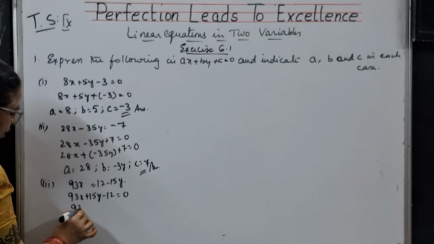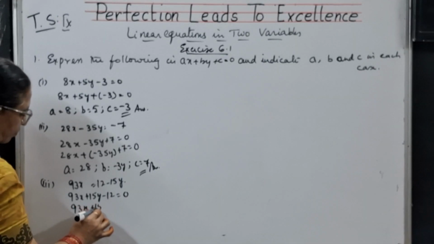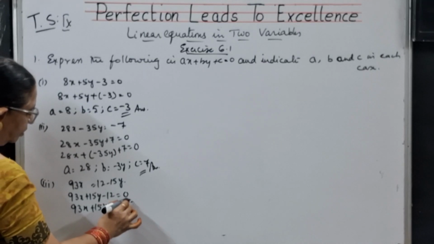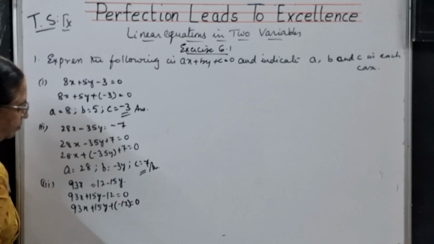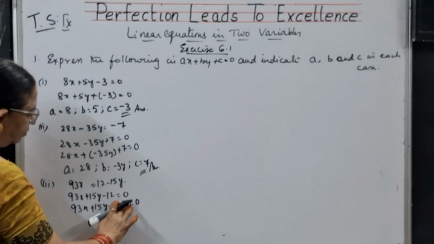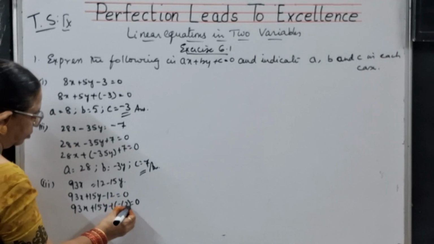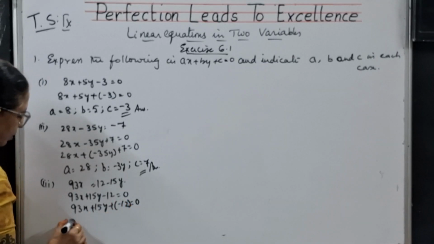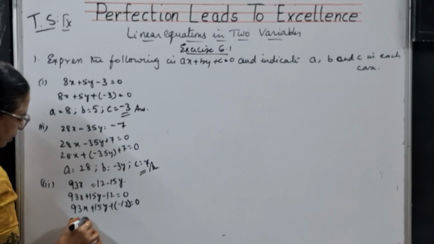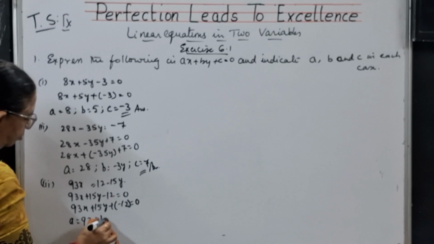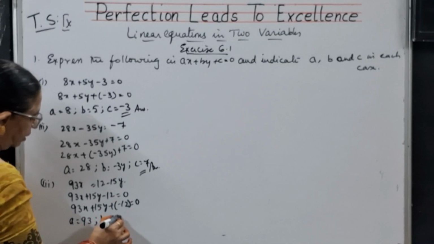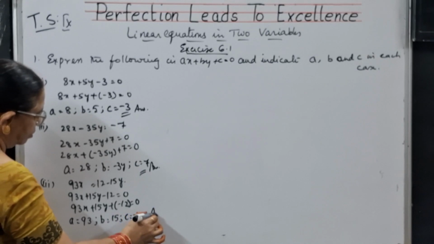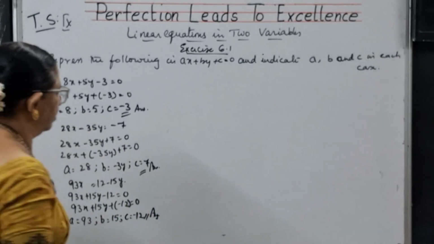That means 93x plus 15y plus of minus 12 is equal to 0. So plus of minus 12 we have written to convert it into ax plus by plus c is equal to 0. So what is a? X coefficient 93, y coefficient 15, constant term c minus 12. These are the answers for this third bit, children.